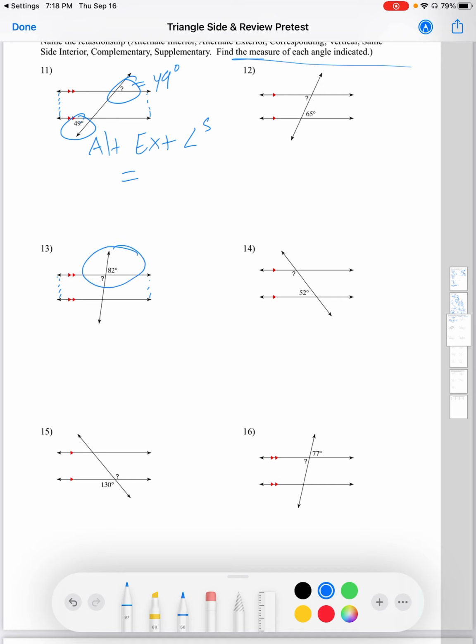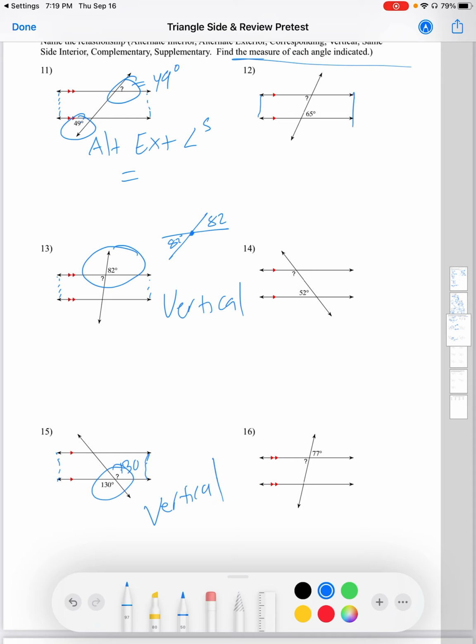These are vertical angles, because those angles are kissing. Remember, angle touching angle, kissing right there. So that 82 degrees is going to equal 82 degrees on that side. If I draw my house here for 15, also vertical angles, that would equal 130. Okay, vertical angles.